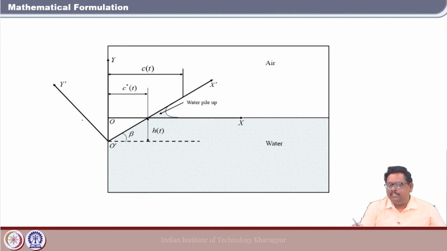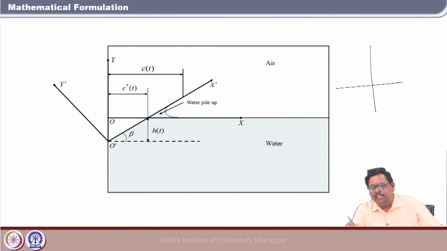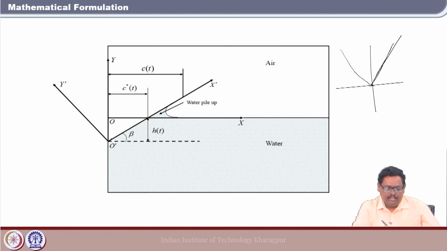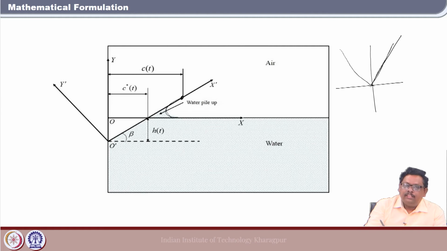Now, just to give you a brief: suppose this is the half breadth of the, if this is the ship, not the ship, here is the body plan. Now this one is this line. This actually penetrates into the water, and because of that some water is piled up. This part is basically the free surface.